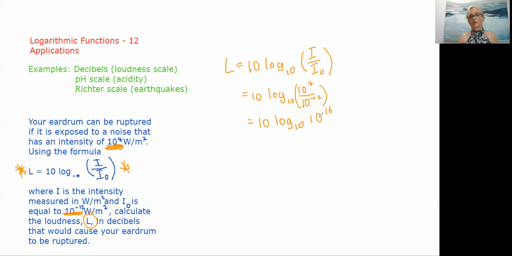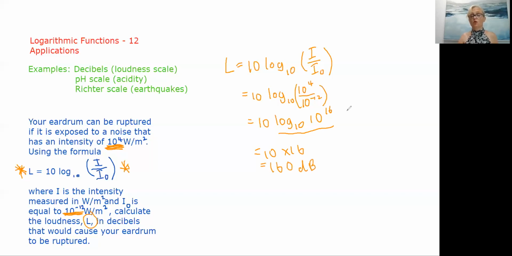Now, it's up to you whether you want to just go straight to saying that's 10 times 16 or whether you want to do the extra step and bring the 16 out the front here. Because I've taught you to say with a log, log to base 10 of this is what do I raise 10 to give me 10 to the 16? Well, I'll raise it to 16. So 10 times 16, which is 160 decibels.